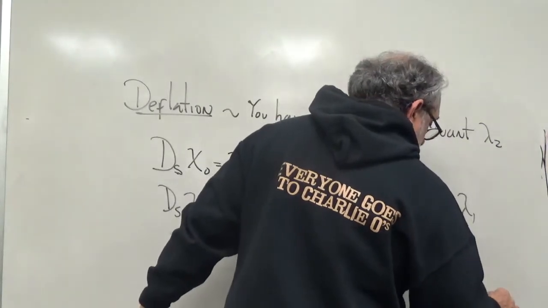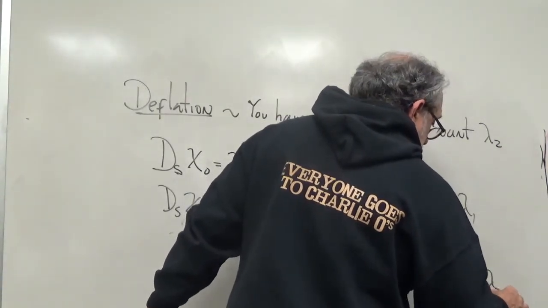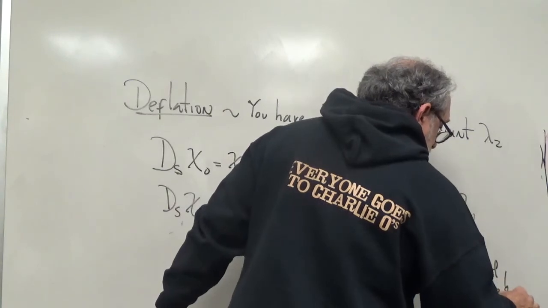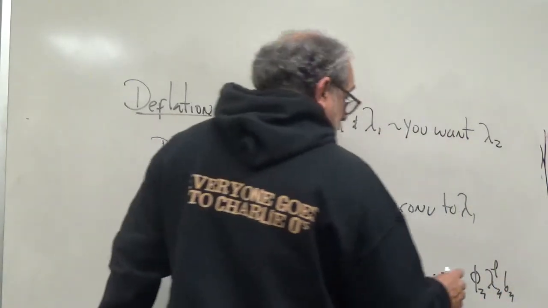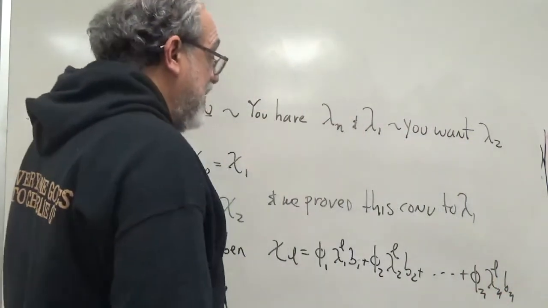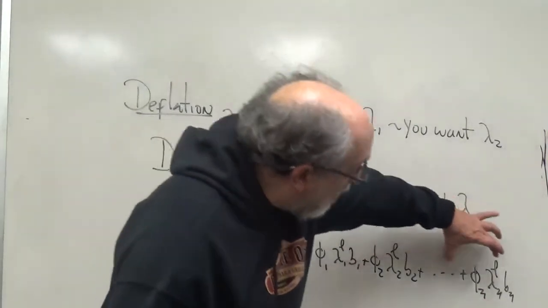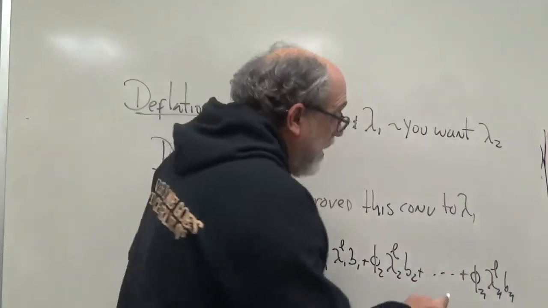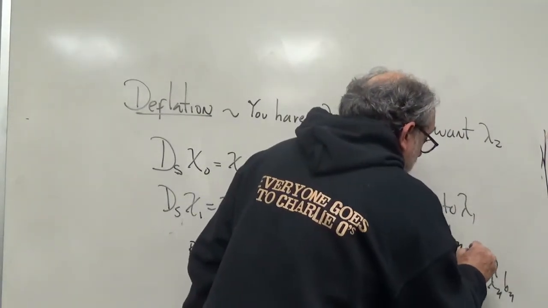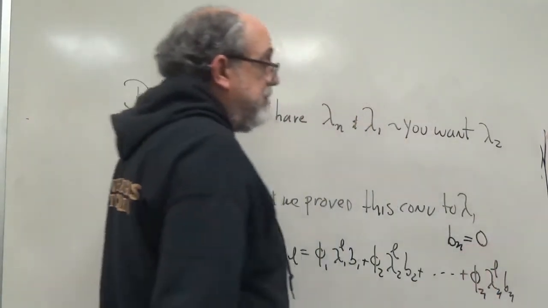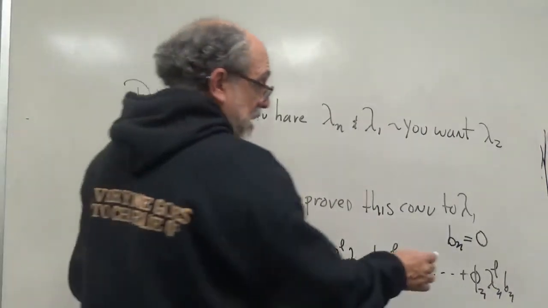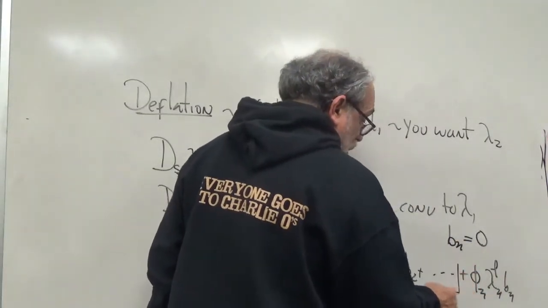Until phi n lambda n to the L times Bn. One way that we can assure that this thing does not get overwhelmed by this term is by making Bn equal to 0. So if Bn is equal to 0, then the largest term is this one, right?